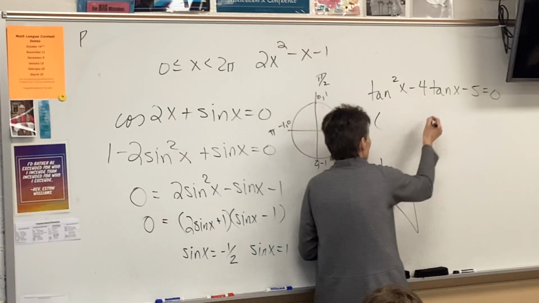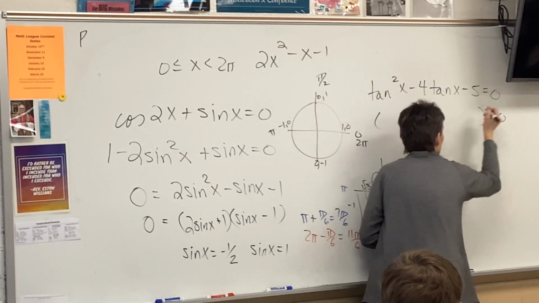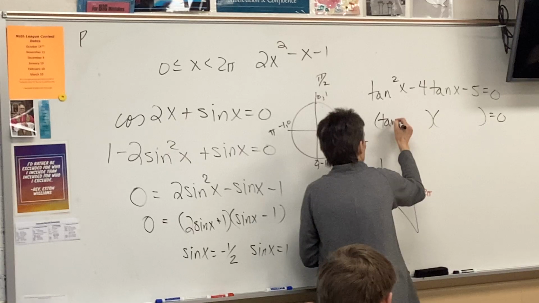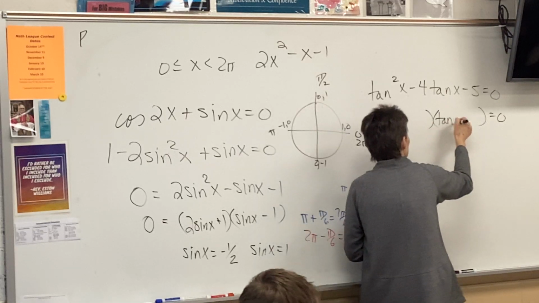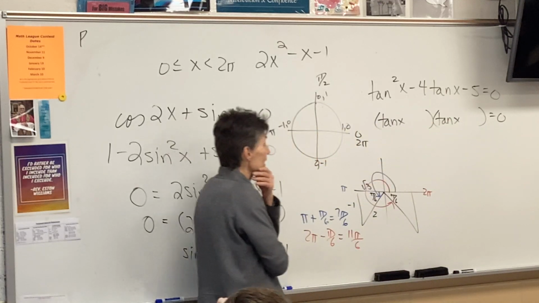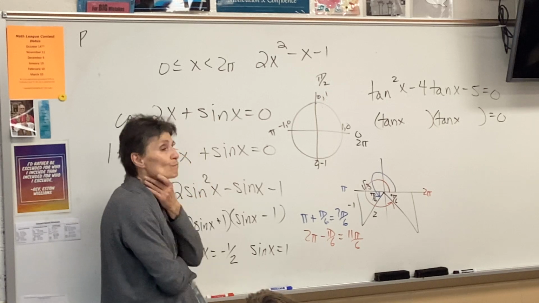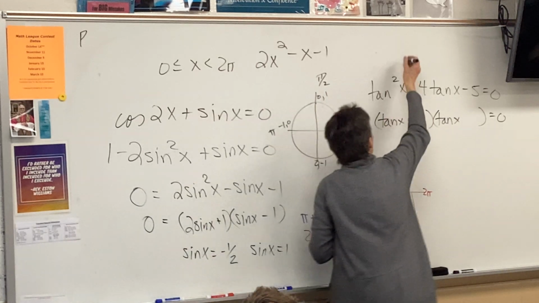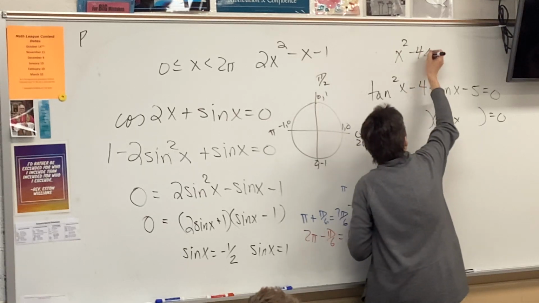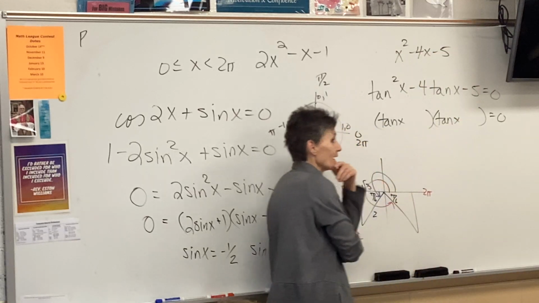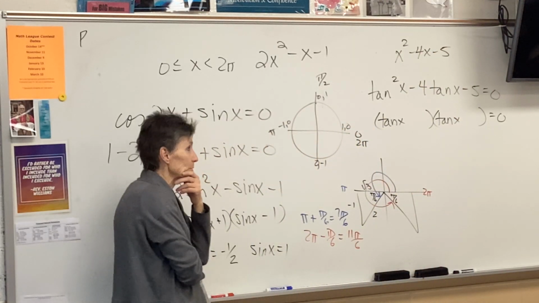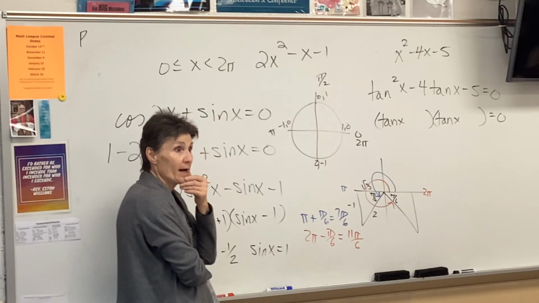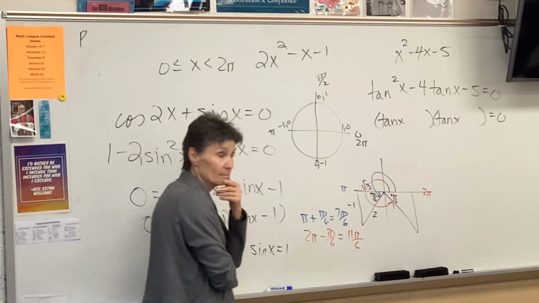And can I just jump in and factor it? I think I can. So tan, if it bothers you, remember it's this. So how does that factor? Minus 5 plus 1.